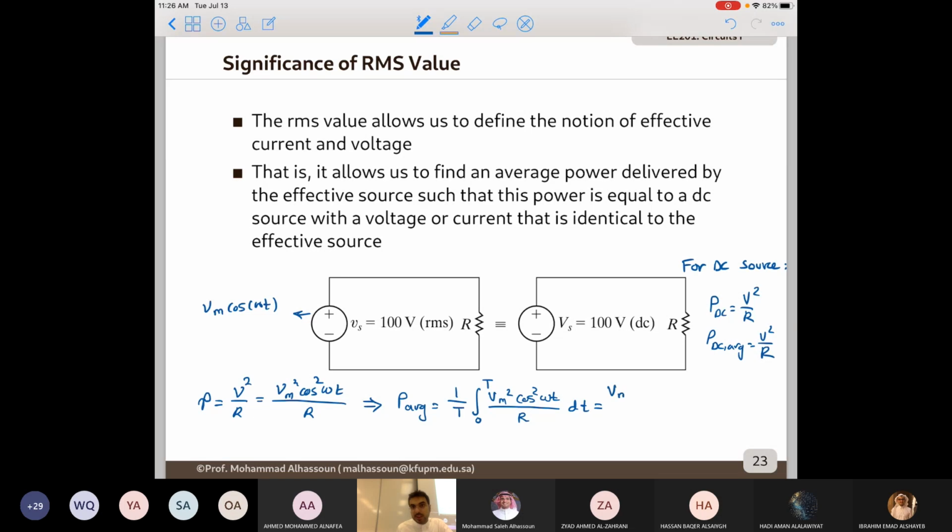And if I solve for it, I will end up with Vm squared divided by 2R. Okay, so this is the average.